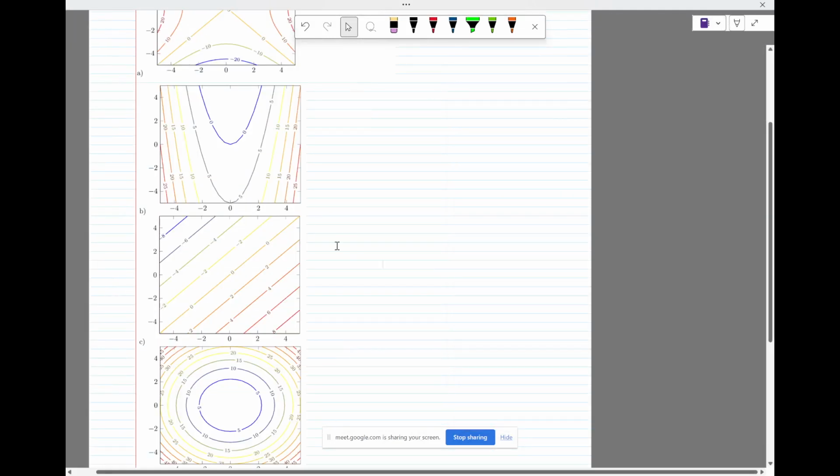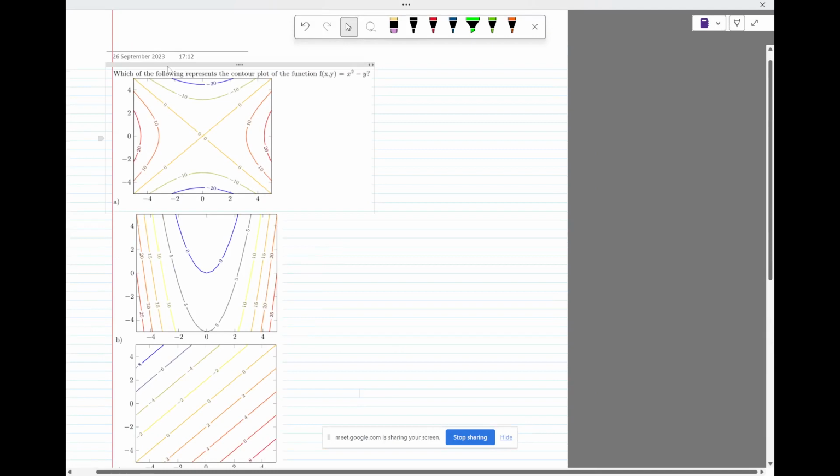So let me just look at the last question. Which of the following represents the contour plot of the function f of x, y equal to x square minus y? That means we have to look at what values this has constant. At x equal to 0, y equal to 0, it is 0.